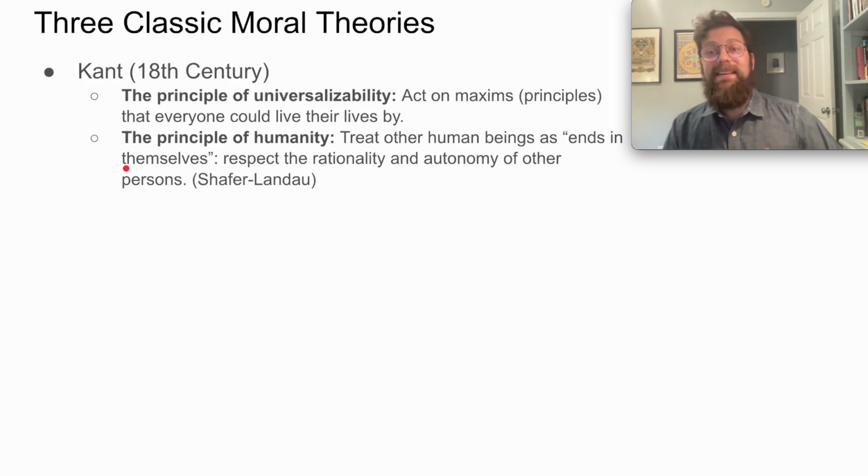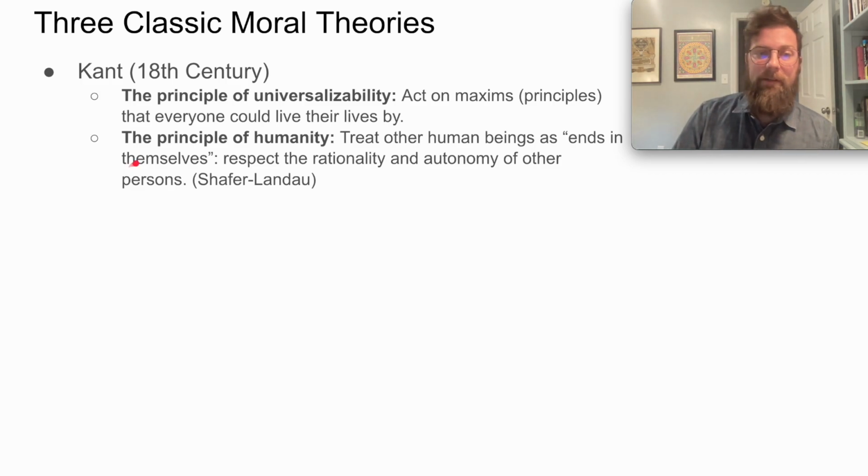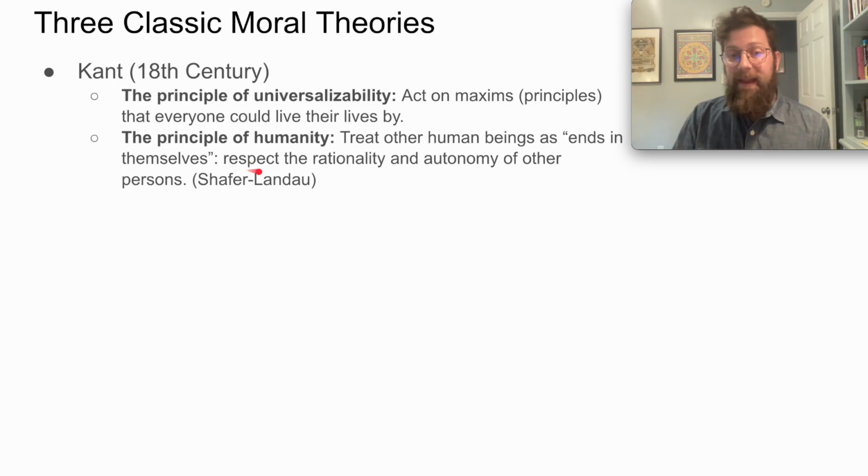So to put that in yet other words, we might say that for Kant, to follow the principle of humanity is to respect rational and autonomous beings as rational and autonomous. So you don't go over or act in ways that violate the decisions of another person's rational, autonomous will. So Kant is about fairness and respect for autonomy.